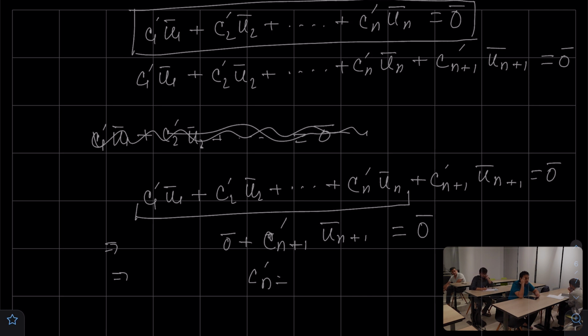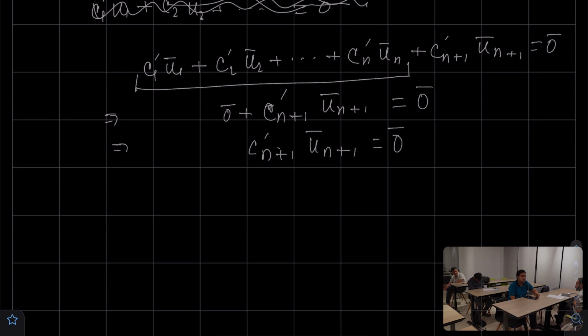Then the left hand side is cn plus 1 prime un plus 1, because none of these vectors are zero vectors. Right. That means, otherwise, it will be linearly dependent. So if this is equal to 0, then cn plus 1 prime is also 0, right?